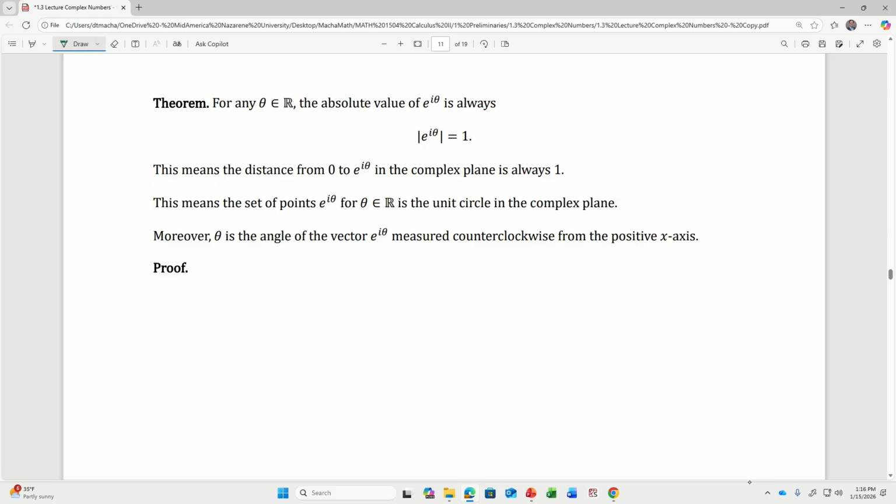So the proof here is just remember Euler's theorem. We want to show that e to the I theta, absolute value, is equal to 1.